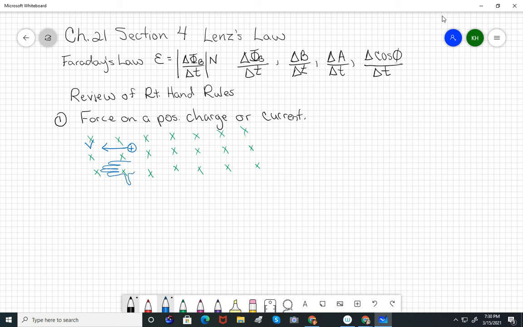And in order to do that, my thumb would have to be pointing down. If my thumb of my right hand is pointing down, then I can curl that into a fist so that my fingers rotate into the board like a magnetic field.